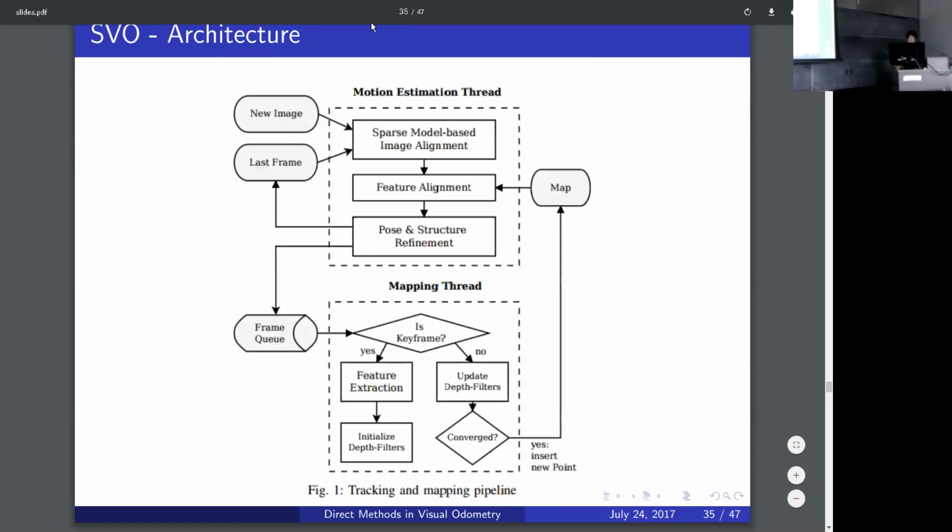And this diagram actually looks very similar to PTAM, where you have a motion estimation thread and a mapping thread. There's one thing that jumps out: even though SVO tries to work with semi-dense features, it actually uses bundle adjustment at the back end to do map optimization.